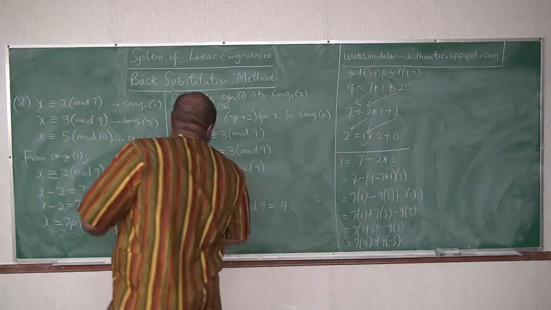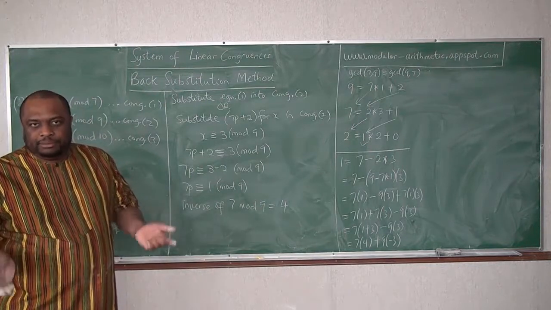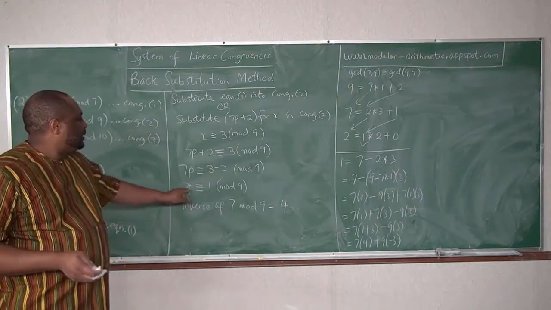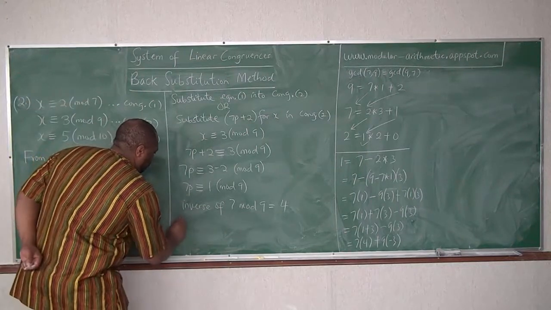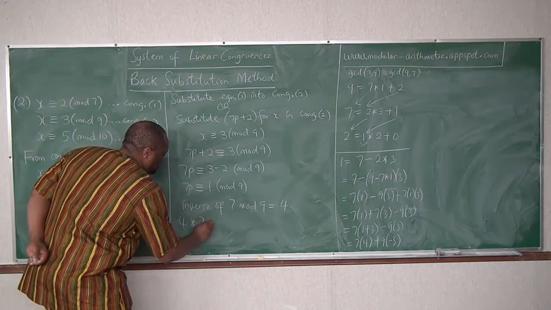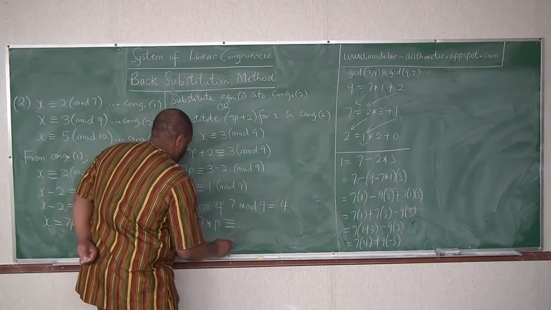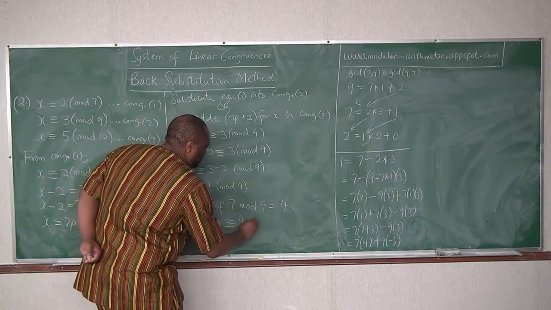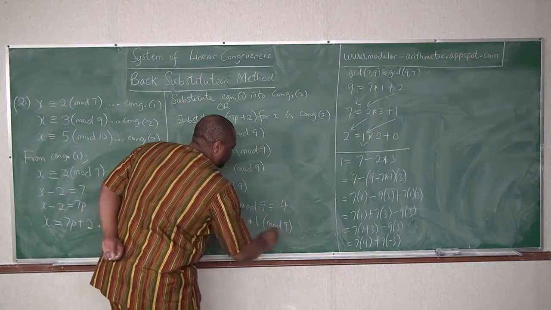So we multiply 4 to both sides. So this will be 4 times 7 times P is congruent to 4 times 1 in mod 9.